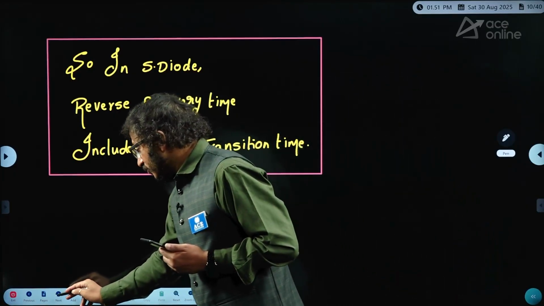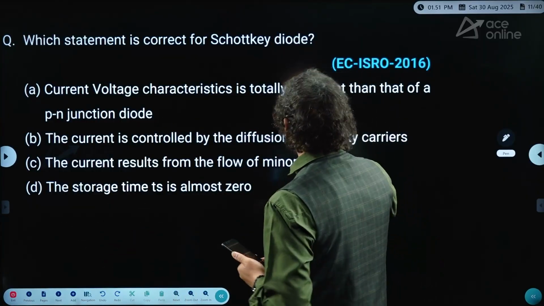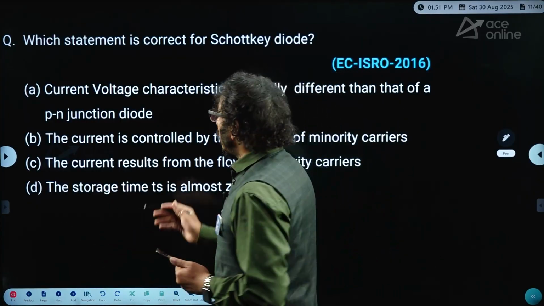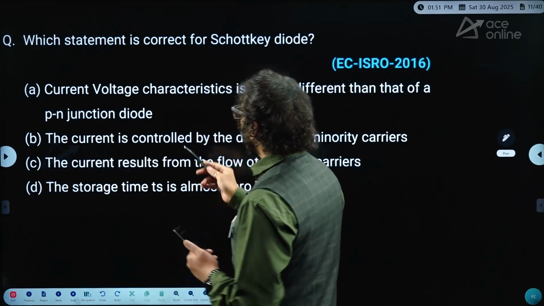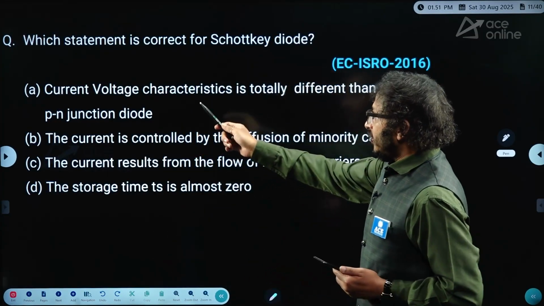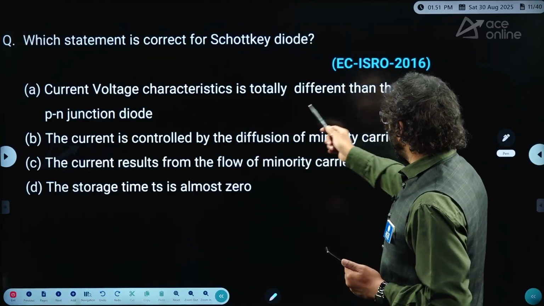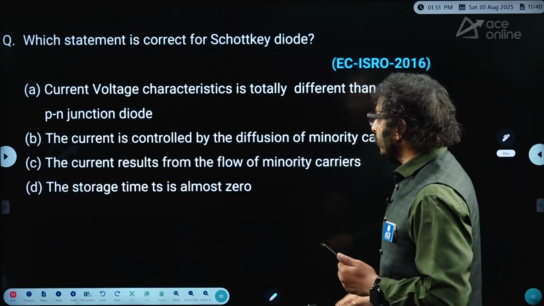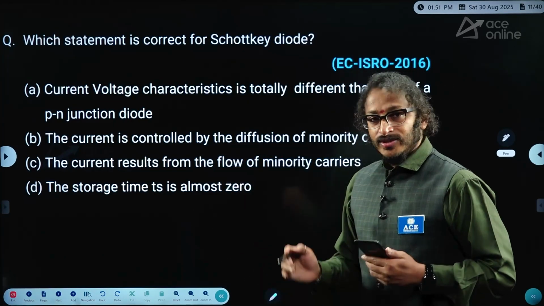Anyways, come back, dear students. Have a look carefully. Which statement? Oh, again a Schottky barrier diode. Wonderful. So which statement is correct for a Schottky diode, right? Anyways, the CV, that is, I meant to say VI, current-voltage characteristics is totally different than that of a PN junction diode. No, the VI graph is almost similar.